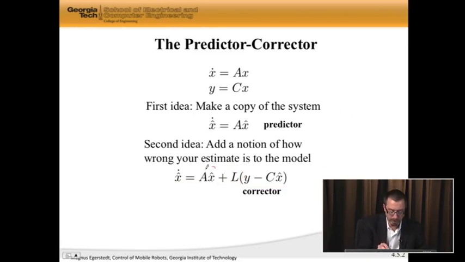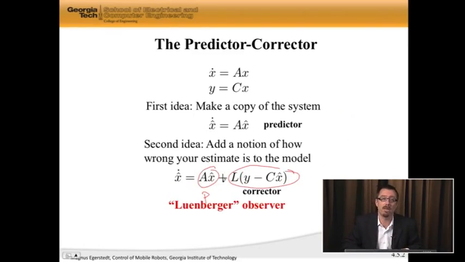So this part here is the predictor, and this part here is the corrector. This kind of structure is known as a Luenberger observer, named after David Luenberger. But the point is that when you have this predictor-corrector pair, you have some way of, hopefully, figuring out the state, or at least a good estimate of the state, from the measurements y that show up here.